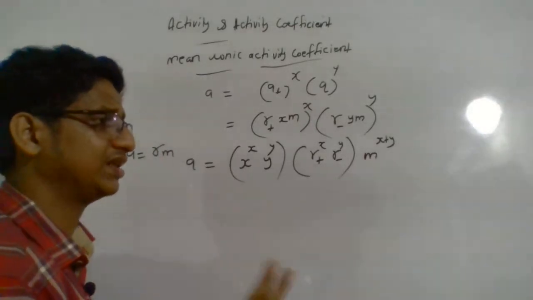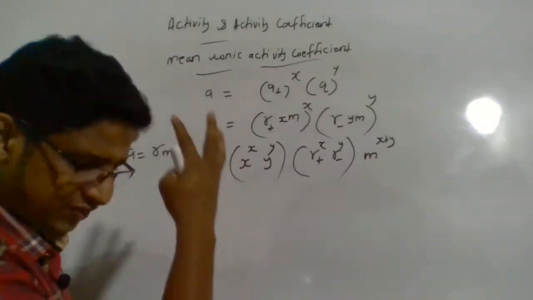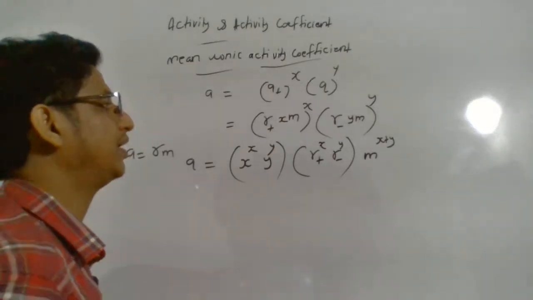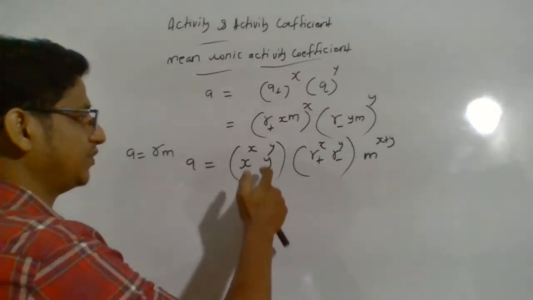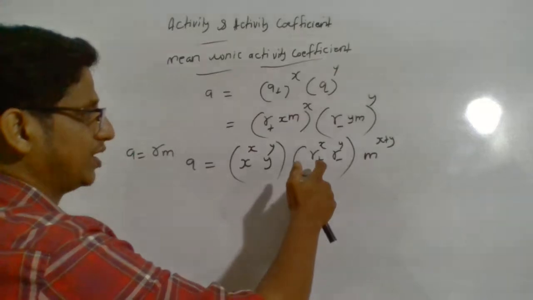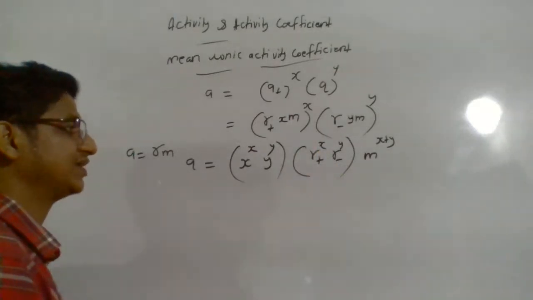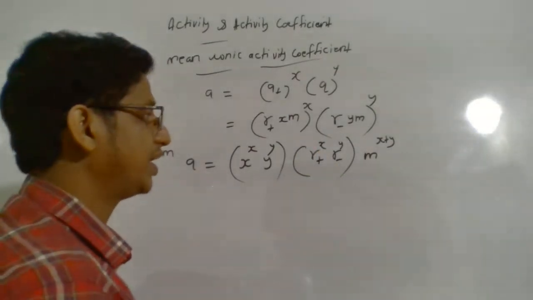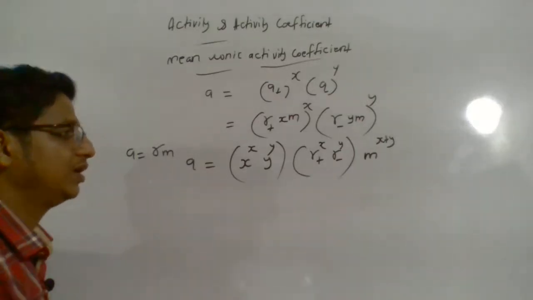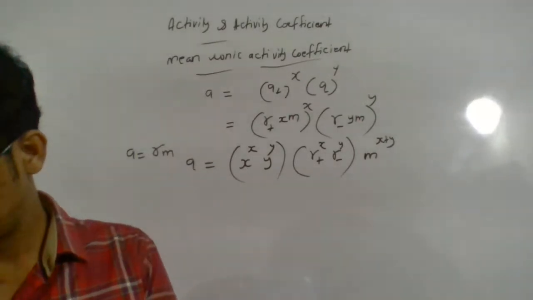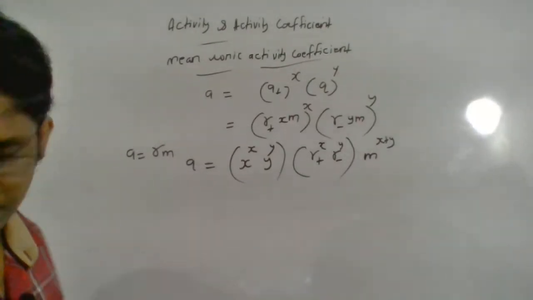Having seen it like this, don't get confused. You write it, you will understand. So x raised to x into y raised to y into gamma plus raised to x into gamma minus raised to y into m raised to x plus y. Let us simplify it.